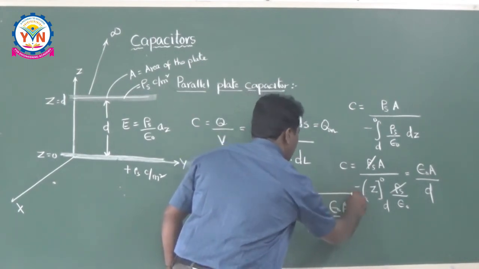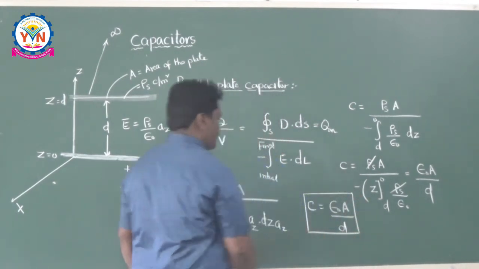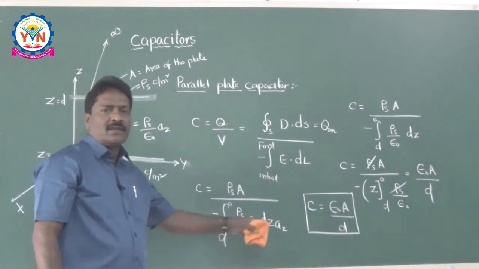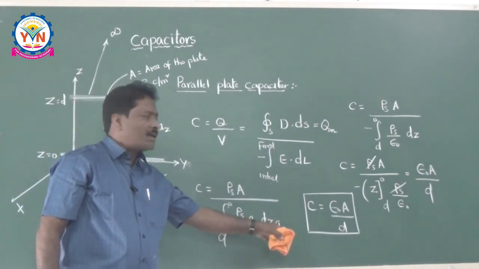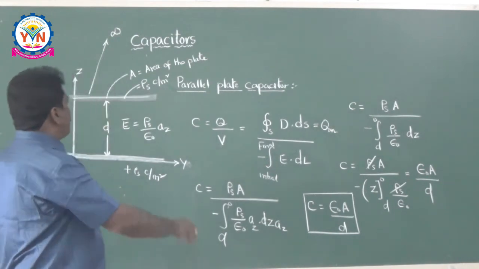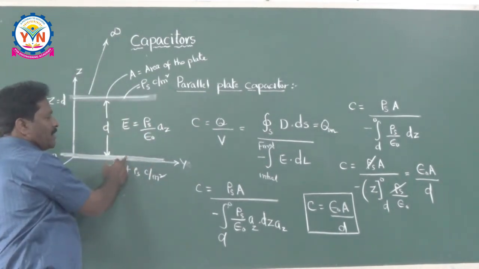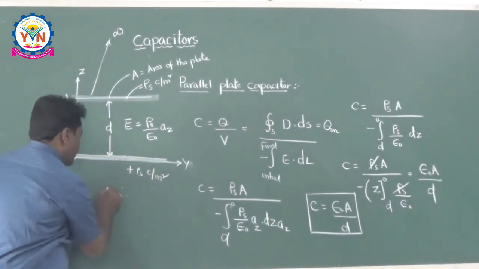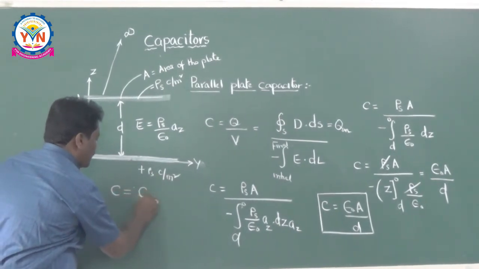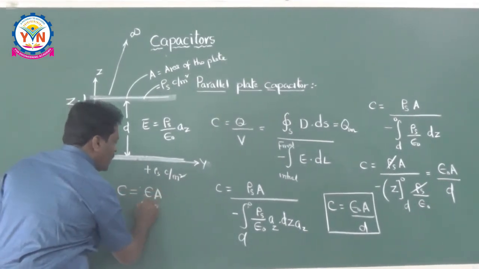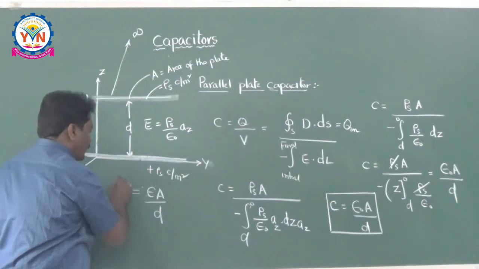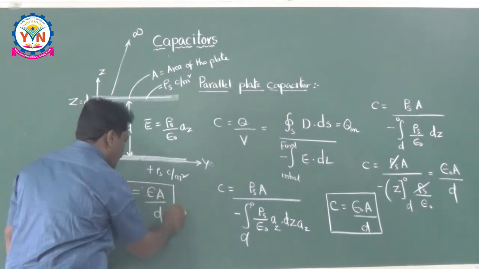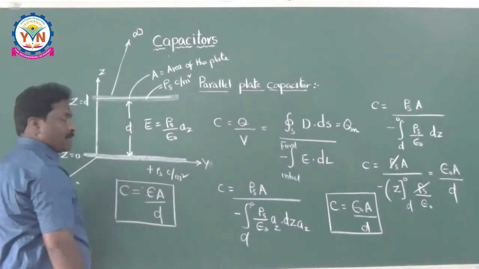So, this is the capacitance of a parallel plate capacitor. Already this result is known to you. So, the capacitance between the two plates is nothing but epsilon naught into A by d. For a parallel plate capacitor, epsilon into A by d is a general formula where epsilon can be taken as epsilon naught into epsilon r.